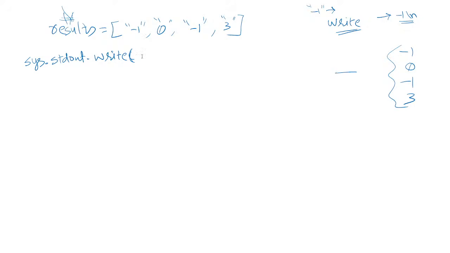So what we can do is add a new line to them. Then use the join function: join these values with a new line, so newline dot join, then to this you pass your results.